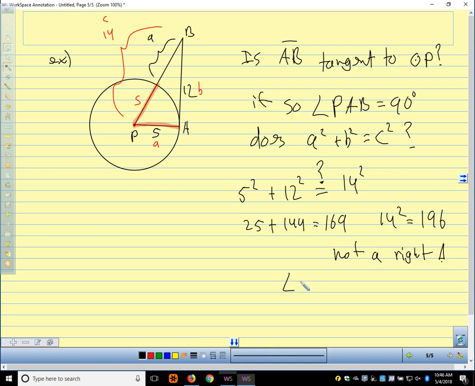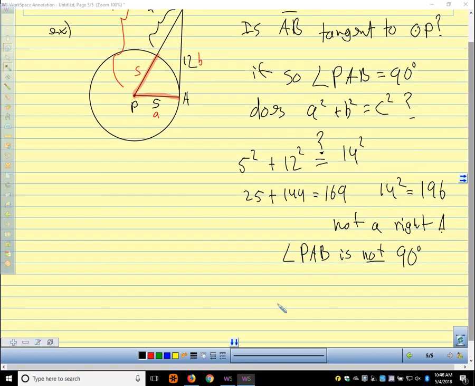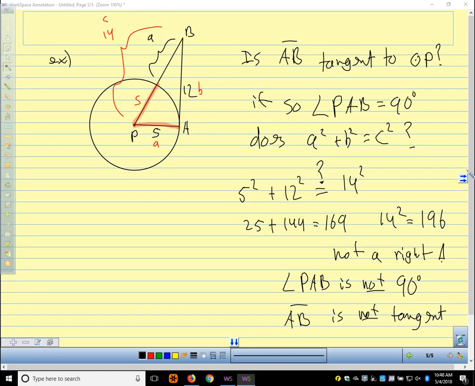So angle PAB is not 90 degrees. So segment AB is not tangent, because that's not a 90-degree angle.